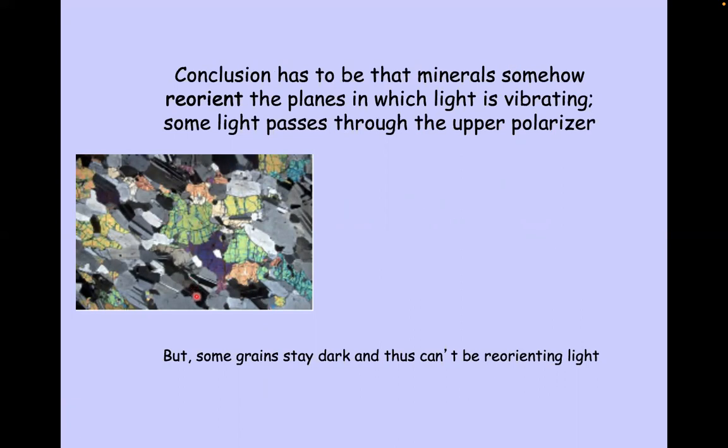So that is a characteristic feature to distinguish it from other sets of minerals, right? We will see what kind of minerals can remain dark under the CPL. That is also an important feature for mineral identification.